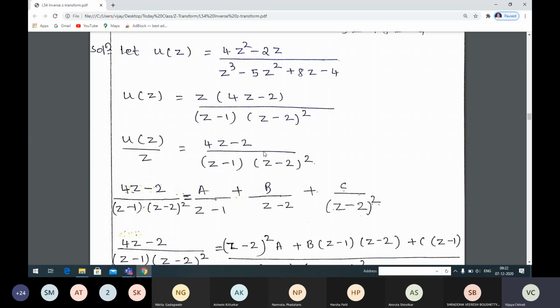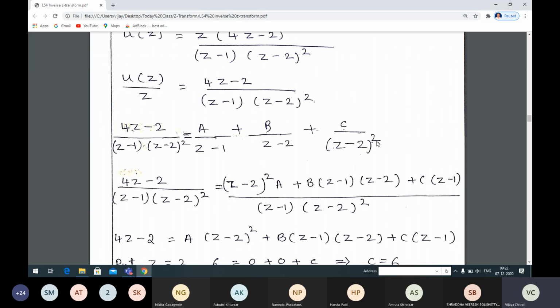Now consider this: 4z minus 2 divided by z minus 1, z minus 2 raised to 2. So this is equivalent to a divided by z minus 1 plus b divided by z minus 2 plus c divided by z minus 2 raised to 2. So this is by partial fractions.